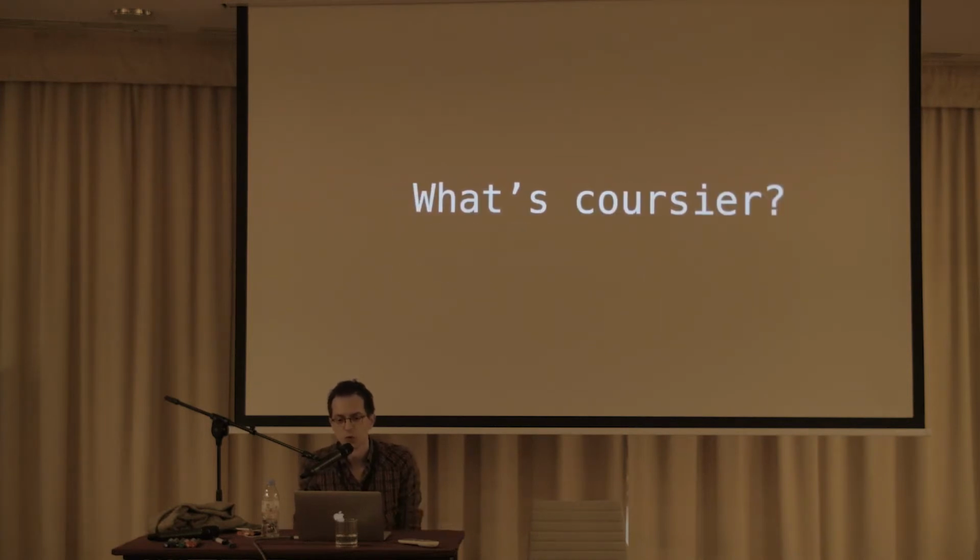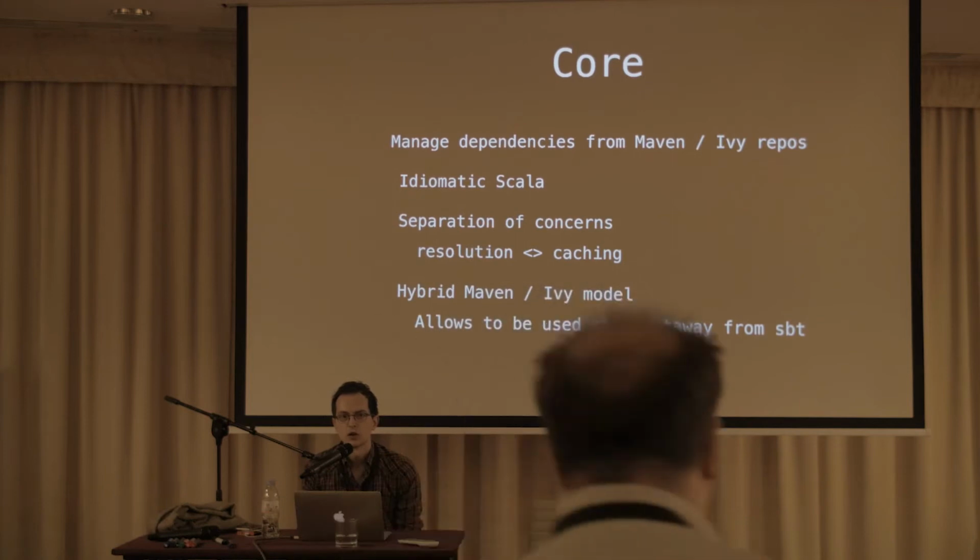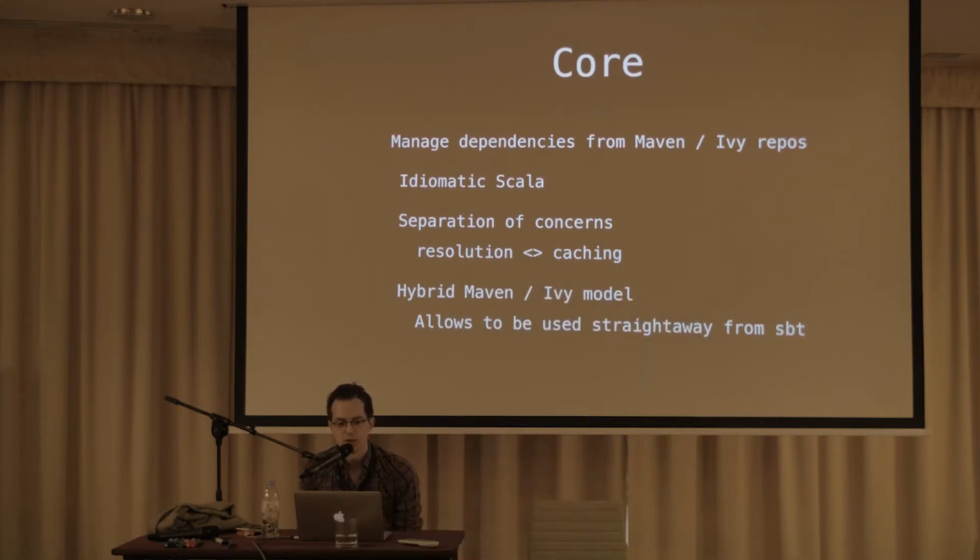So first, a quick reminder about what Coursier is. At its very core, it's a library to manage dependencies from Maven and Ivy repositories. And compared to the alternatives in Java, say, it's written in idiomatic Scala with a bit of Scalaz in it.